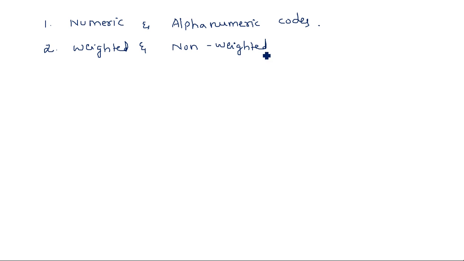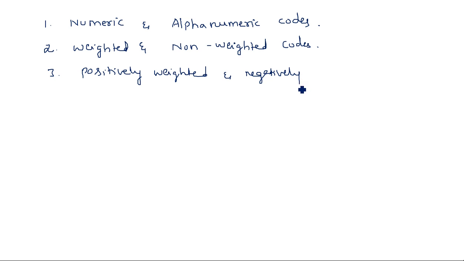The third one is positively weighted and negatively weighted codes. The fourth one is error detecting and correcting codes.